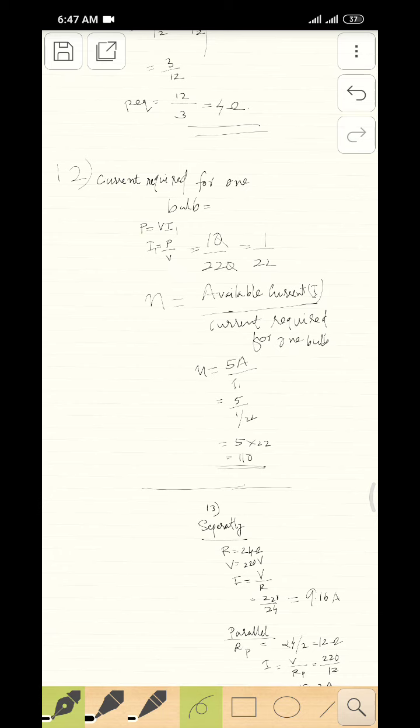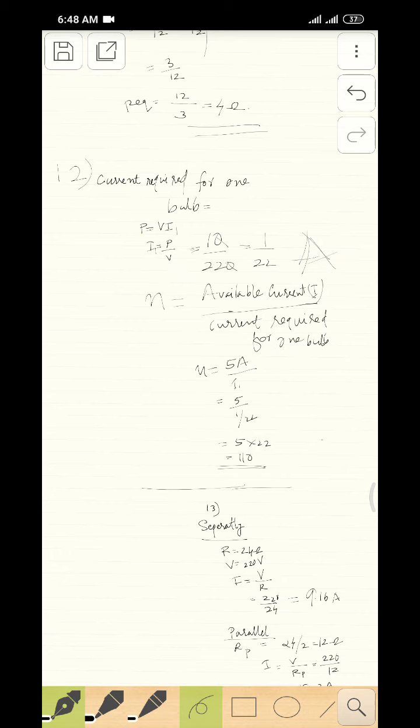Now you have to find the number of bulbs that you can connect in this circuit. Here the net amount of current is 5 ampere. For one bulb, the current required is 1 by 22 ampere.